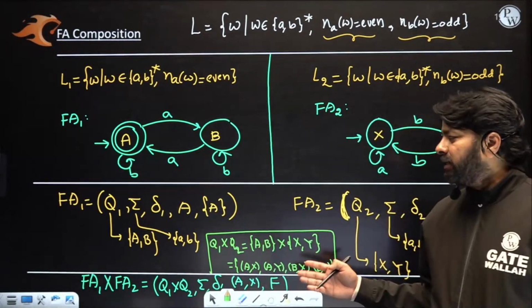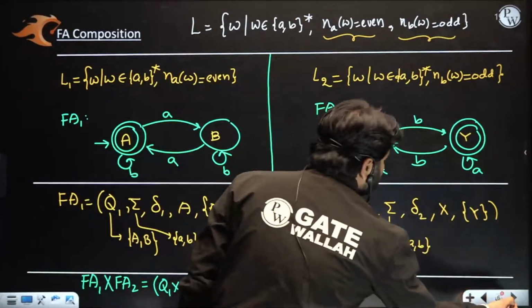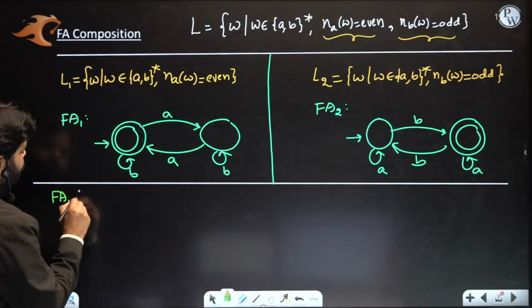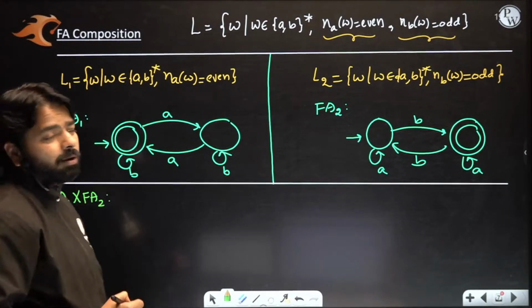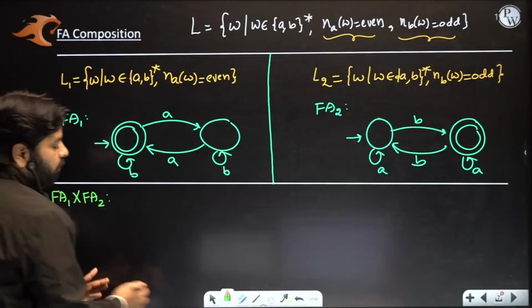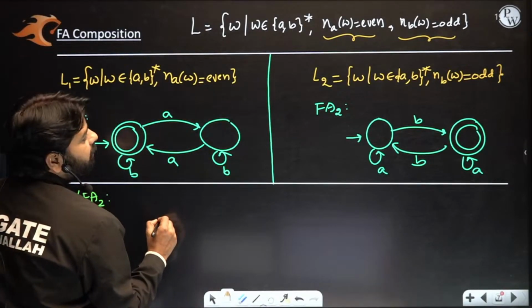Now how to give the transitions, that we will see now. Let's begin how to do the composition. Now we are designing FA1 cross FA2, and this machine will help us solve various problems which depend on these 2 conditions. Now how to design the machine? In total how many states do we have? 4 states. What are they?